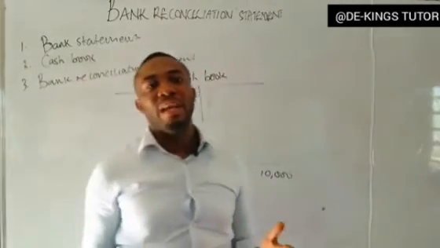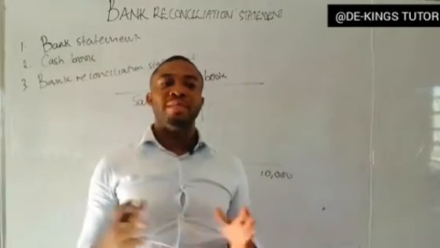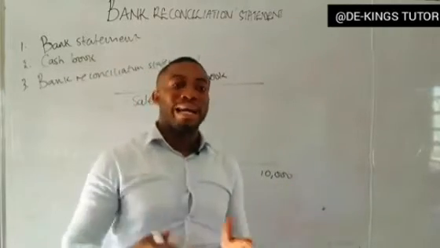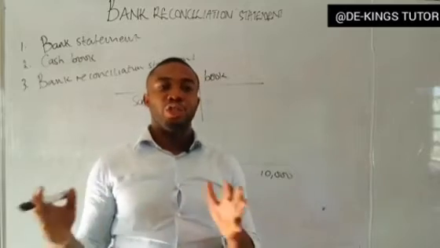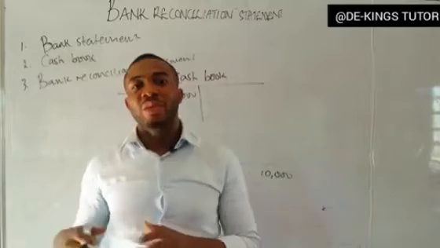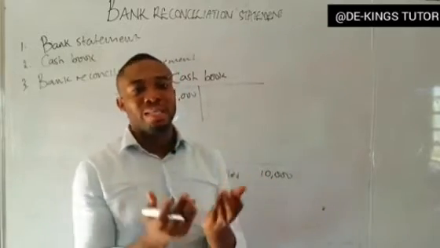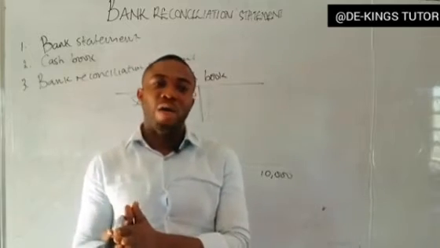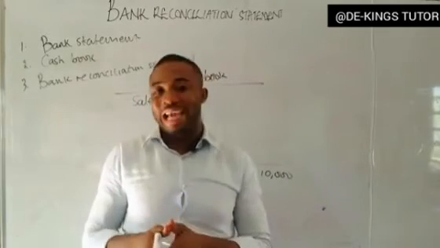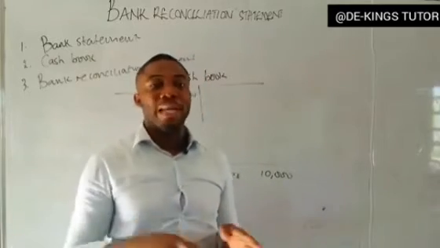Now the bank statement is a statement prepared by the bank to show the business transactions between the bank and the customer. It shows the business relationship, the transactions that involve the businessman and the bank. So whatever transaction made by the bank on behalf of the businessman is recorded there. If the bank pays money on behalf of the customer, it will be recorded there.